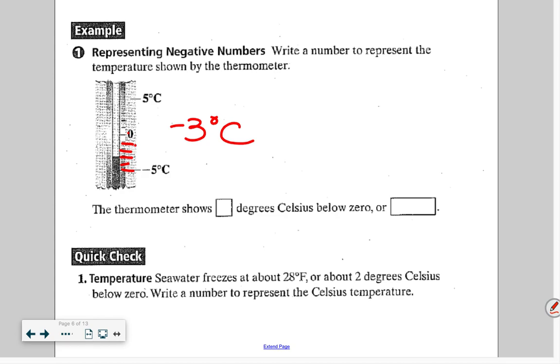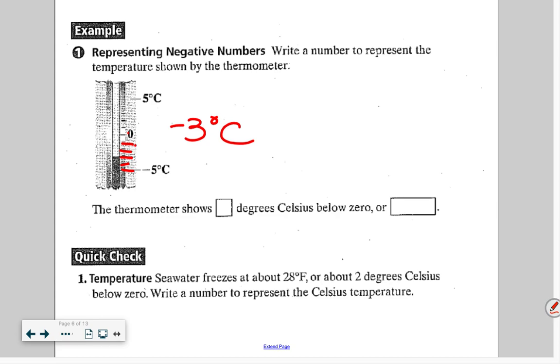Next one. Seawater freezes at about 28 degrees Fahrenheit or about 2 degrees Celsius below 0. Write a number to represent the Celsius temperature. How would we do that?